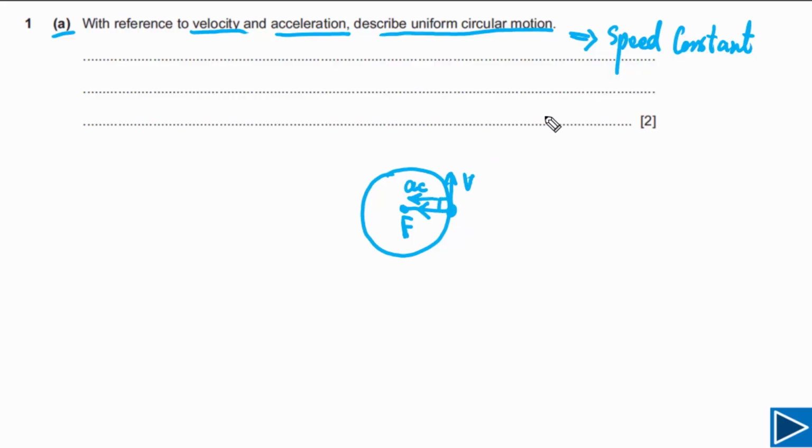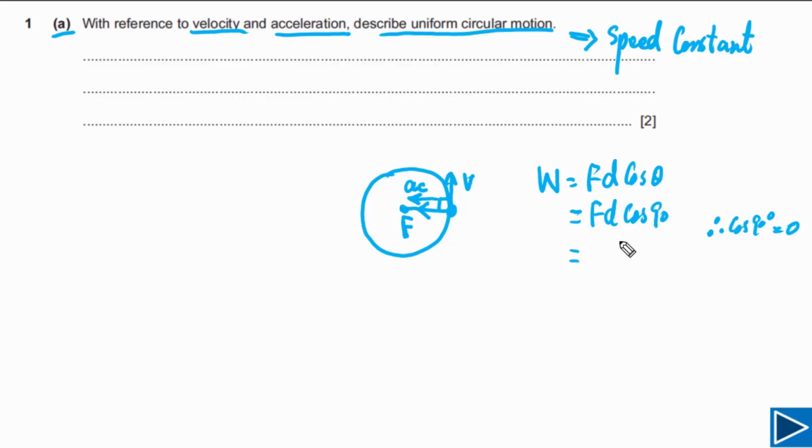Now we need to understand why the speed is not changing, as there is a force acting on this body. The force is acting but the speed is not changing, so we need to understand the work done by this force. Work done by this force is F d cosine of theta, and the angle between force and displacement is 90 degrees. So this is F d cosine of 90 degrees, and cosine of 90 degrees is equal to 0. So the work done by the force is equal to 0.